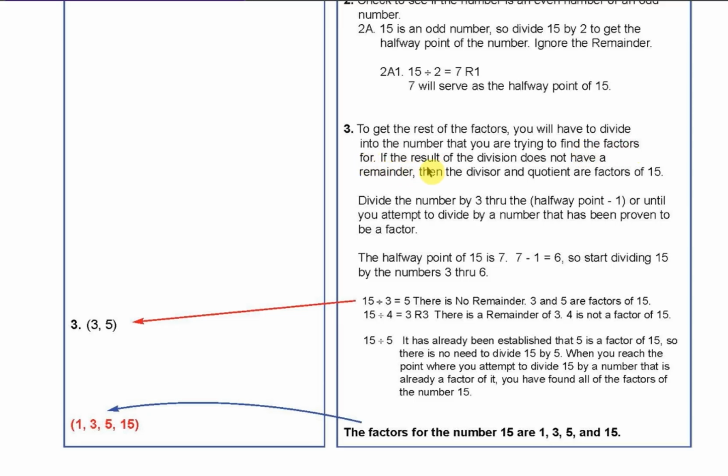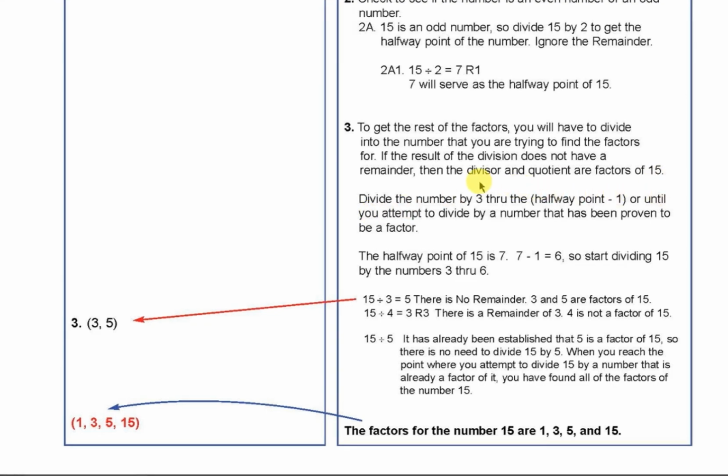If the result of the division does not have a remainder, then the divisor and quotient are factors of 15. Remember, the divisor is the number that you divide by, and the quotient is the result of the division.